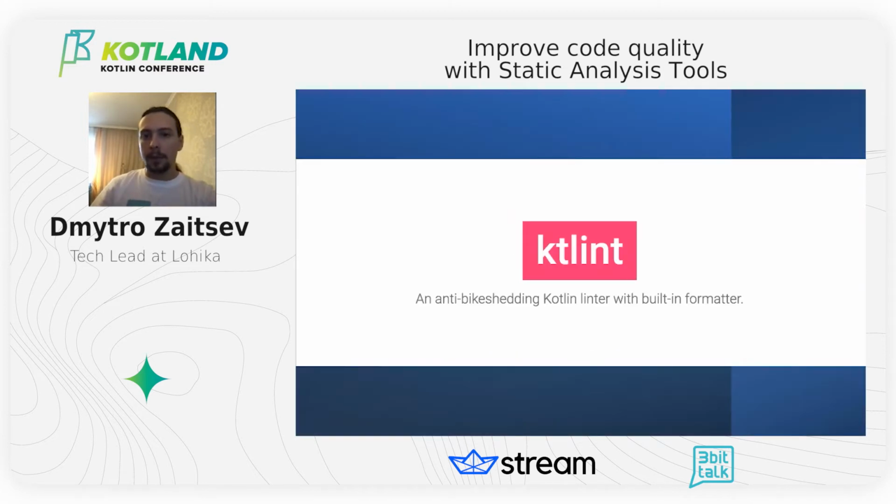The next tool is ktlint. It's a linter with a built-in formatter. What I love about ktlint is that you don't have to make any decision, nothing to argue about, and it just applies the official Android Kotlin style or the official Kotlin style from kotlinlang.org. But you can add your own rule sets, and it respects editor configs.